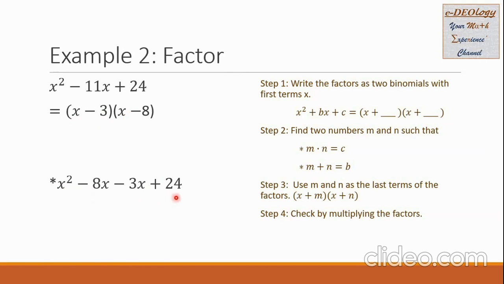And then the middle terms are like terms that we can combine. So we have now the final answer, x squared minus 11x plus 24. And our answer here is the same as our original trinomial on top. It means x minus 3 times x minus 8 is our final answer.